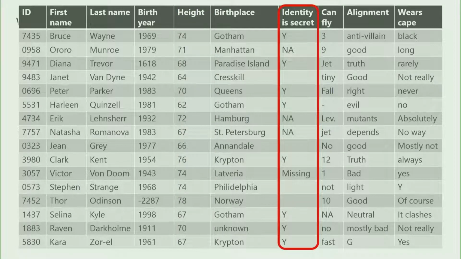This identity is secret. Now this is confusing. This is a really common thing. Some of them are blank. Some of them say NA. One says missing. It's not at all obvious what that means. When you're dealing with data, it's a really common experience to be given something like this and to scratch your head. What you often have to do is look for documentation. What do these fields mean, these entries in these fields?